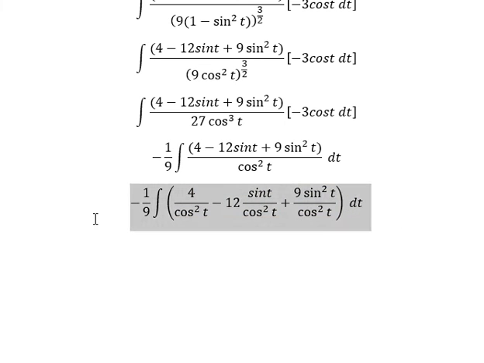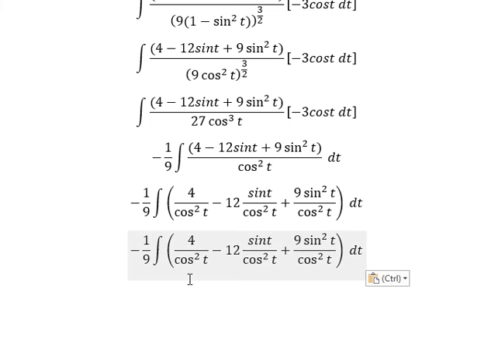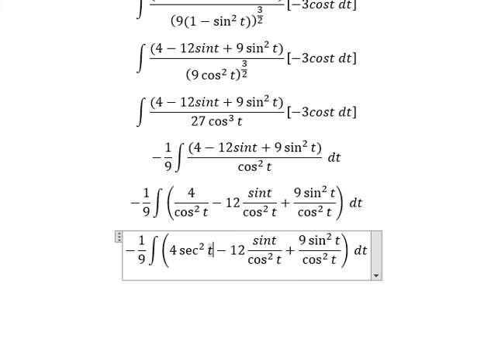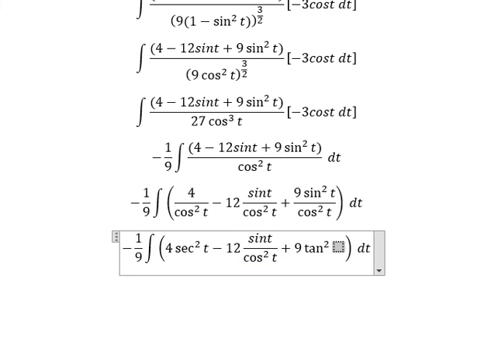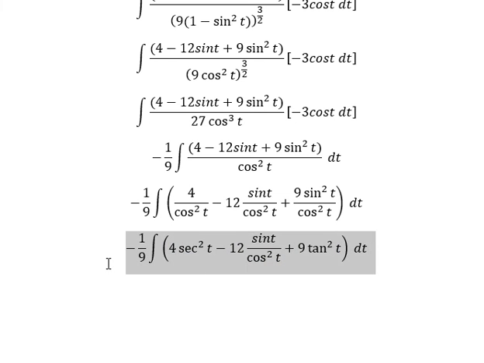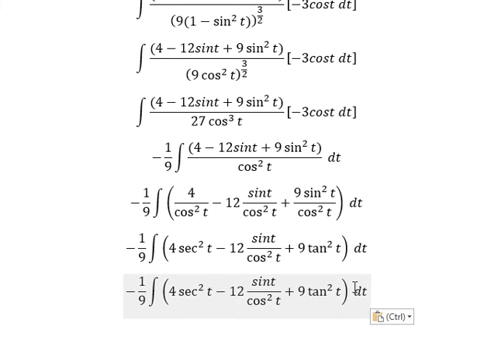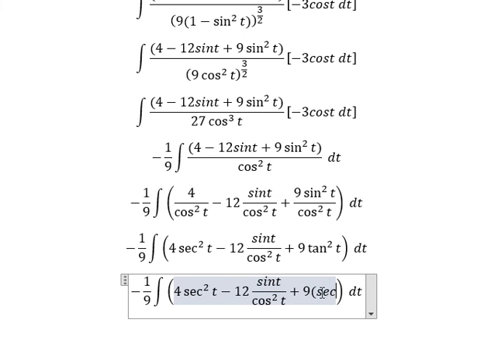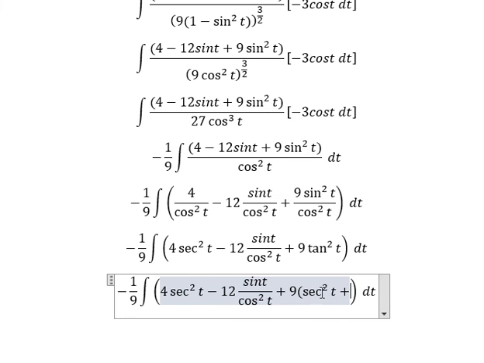This one is about 4 secant of t square. This one is about 9 tan t square. And we know that tan t square is secant of t square minus 1.